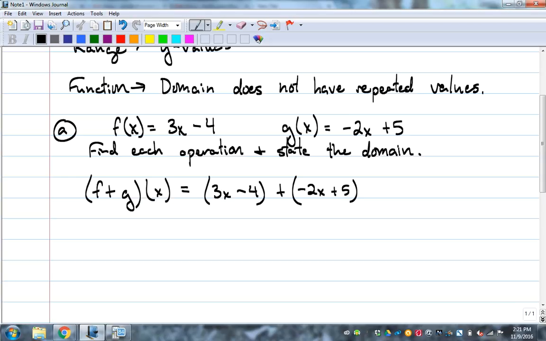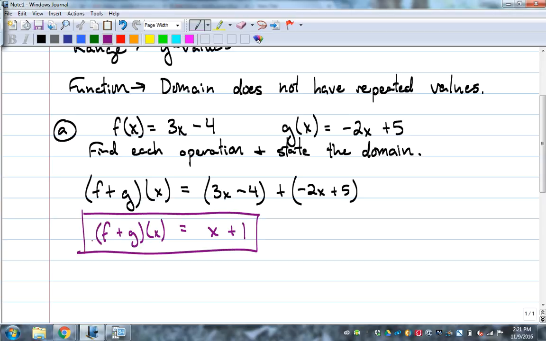So 3x plus negative 2x would be 1x or just plain x, and then negative 4 plus 5 would be 1. So f plus g of x is equal to x plus 1. Real easy.